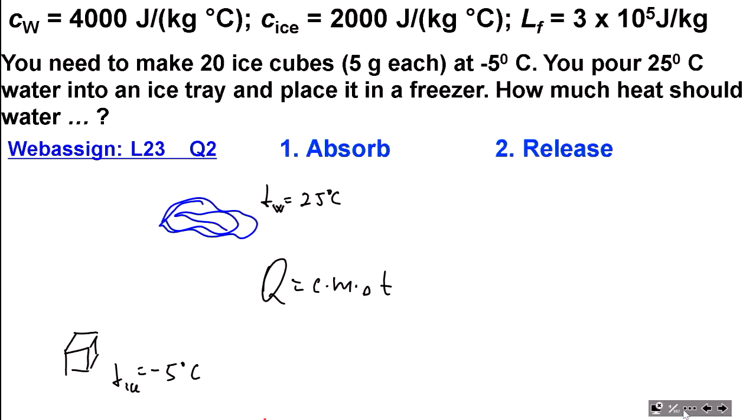And now we can actually plug in the numbers. 4,000 joules per kilogram Kelvin, so I have to use the international system of units. What is the mass? Well, we have 20 cubes, 5 grams each. And the temperature change is always final minus initial.